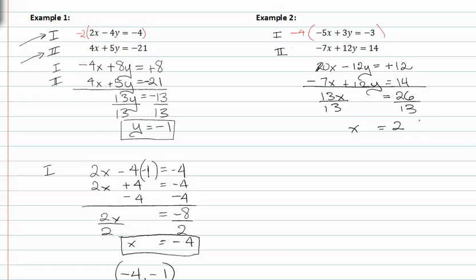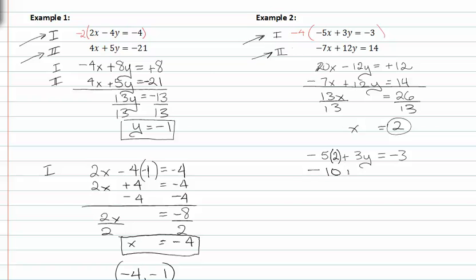Taking the value for x and plugging it into one or the other of our original equations, we can solve for y. I'm going to pick the first equation, negative 5x plus 3y is equal to negative 3. Taking 2, plugging it in for x, I get 2 times negative 5, and now we can solve for y.